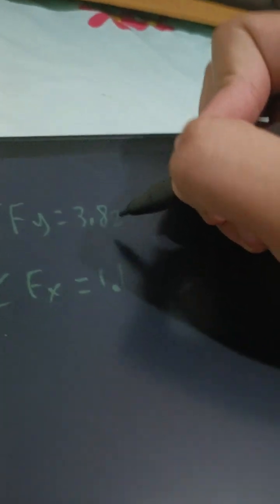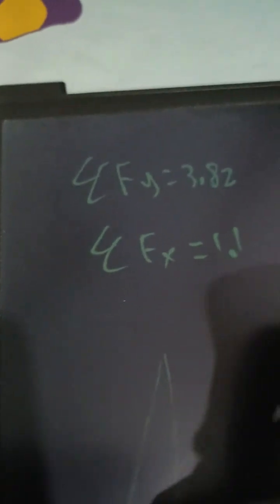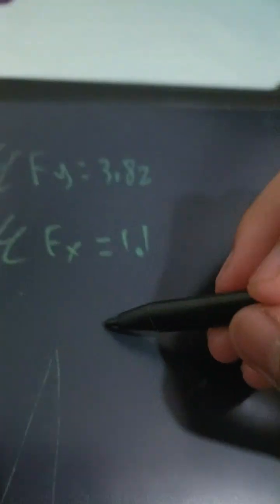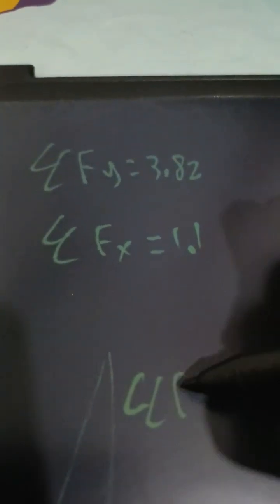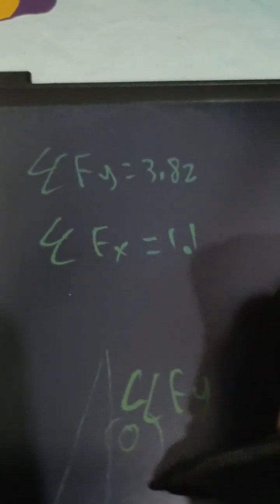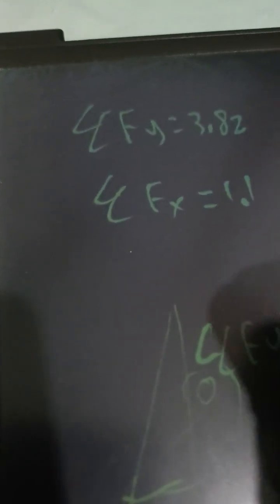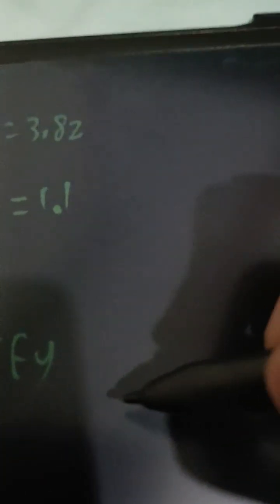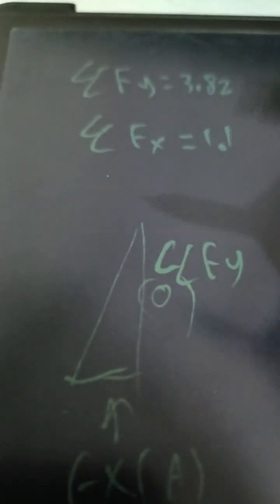Now what do we do here? You want to find the direction. Imagine it like this. That's a cool triangle right there. Fy is gonna be the O, and Fx is gonna be the A. Now we're not finding lengths or anything, we're finding the angle.